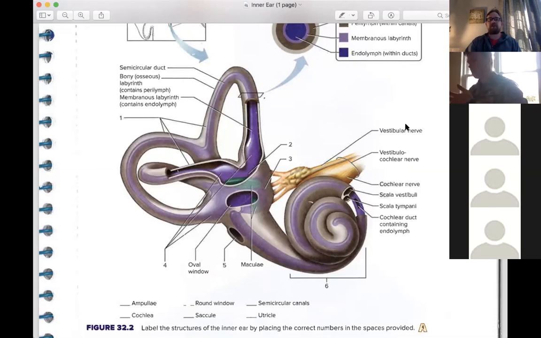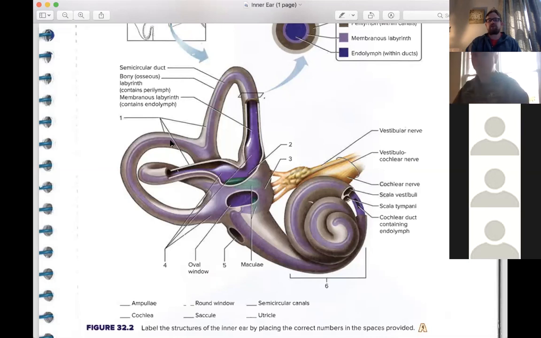I realize that may be more than you want to know, but I think they're important terms to throw out there, and to realize that although the utricle, the saccule, and the semicircular canals are all contributing to equilibrium, they all do it in different ways, right?